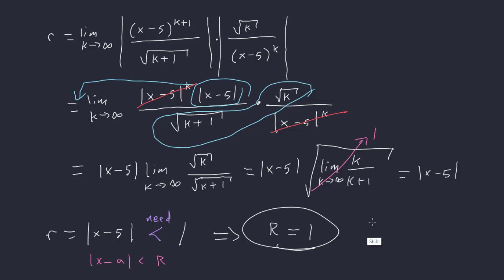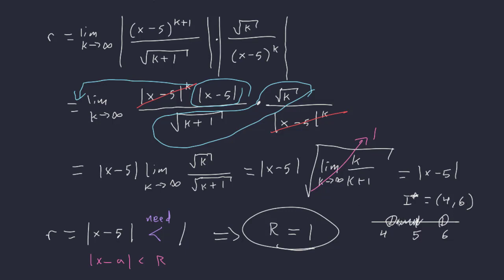I'm more of a graphics person myself, so I'm going to put the center here at 5. And if the radius is 1, that means I'm going to go out 1 on each side of 5, so 6 and 4. So I'm going to call this I star, the open interval from 4 to 6. So there's the general radius or interval of convergence.